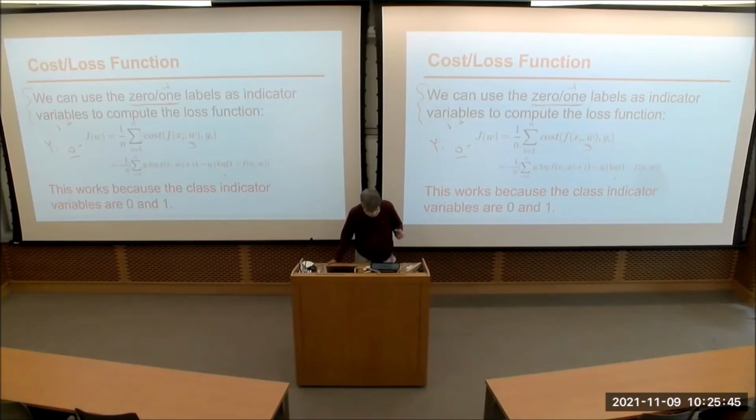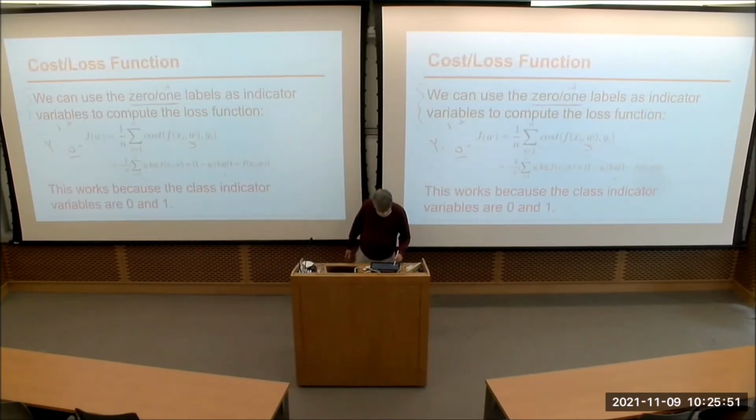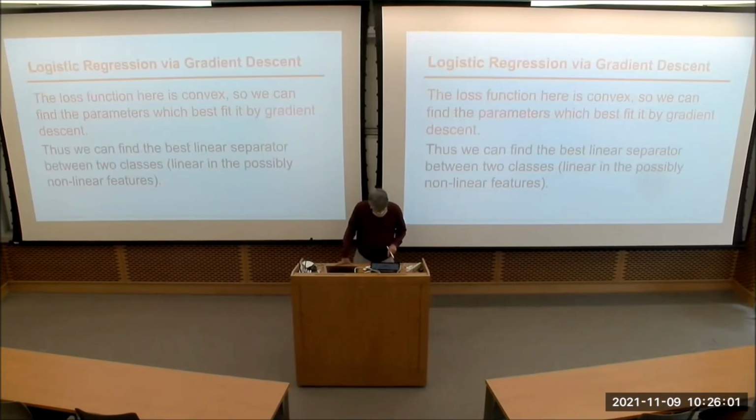So what is logistic regression then? Well, we now have an error function. We have a set of weights, and we want to find the best one, the one that minimizes that error function. It turns out that this error function is a convex error function. And because it is convex, we can find the parameters by gradient descent search.